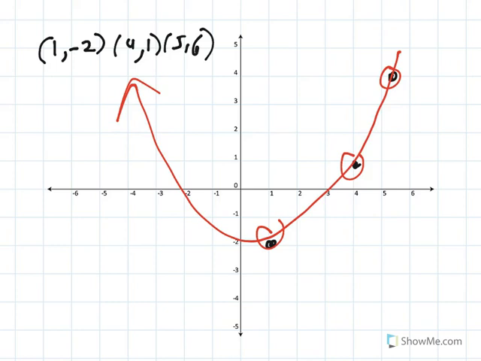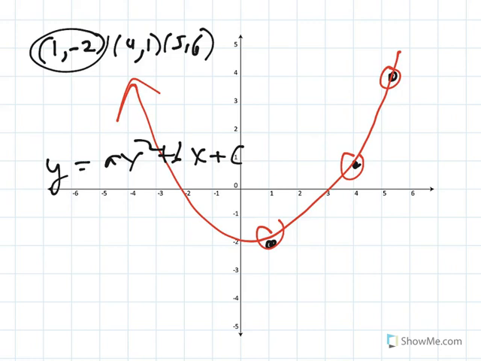Well, it's also told to us that this is going to be of the form y equals ax squared plus bx plus c. So what we do is we take each of the points and substitute the x and y from the point into this equation. So for this one it says negative 2 equals a times 1 squared, so that's just a, plus b times 1, so b, plus c.